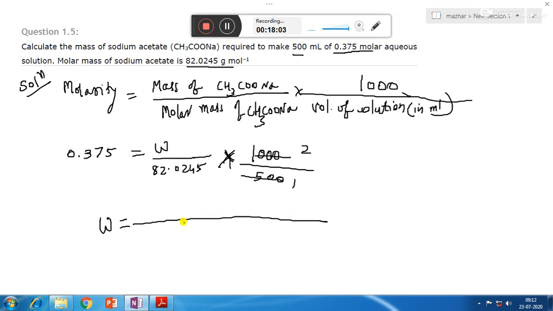So in that case we have W equal to 0.375, 82.0245 will go in the numerator on the other side, and 2 will go in the denominator. So on solving this, our final answer is 15.38 gram. So 15.38 gram of sodium acetate is used.